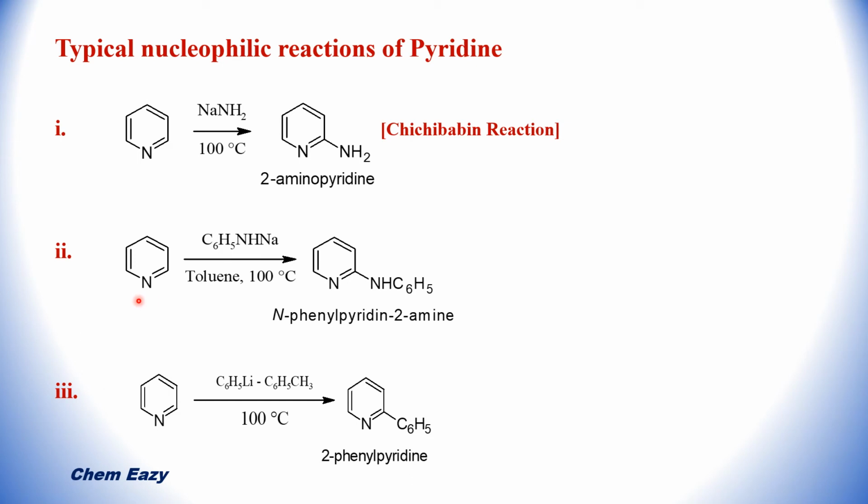In the second one, pyridine with sodium anilide in the presence of toluene at 100 degrees Celsius gives N-phenylpyridin-2-amine. Then pyridine with phenyl lithium and toluene at 100 degrees Celsius gives 2-phenylpyridine.